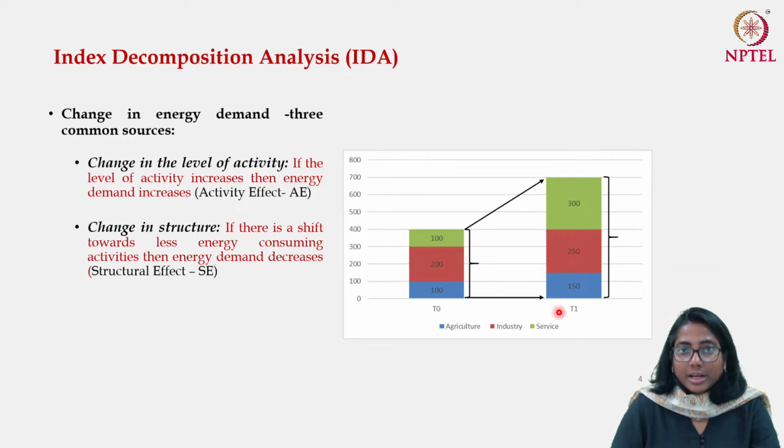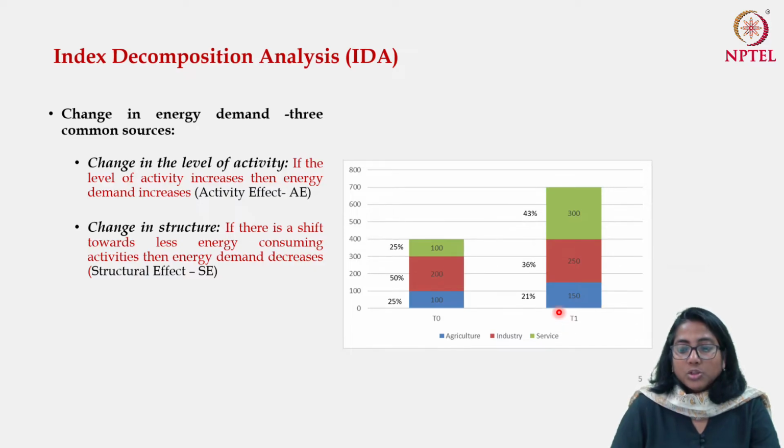The second one that we consider here is the change in the structure of the economy. Again, if you look at this diagram, it's not only the size of the GDP that has increased, but also the composition of GDP has changed. At the initial year, the contribution of the agricultural sector, represented by this blue part, was 25%.